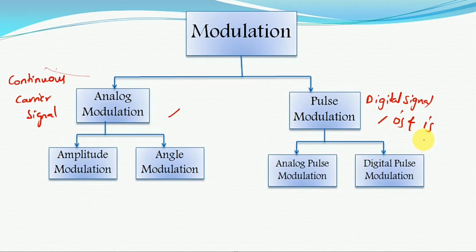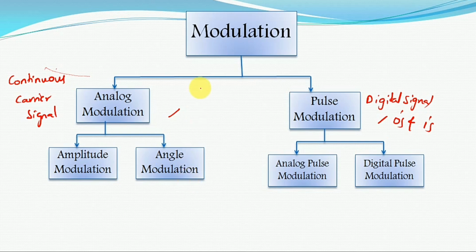So depending on the carrier signal, the modulation is divided into analog modulation and pulse modulation. Depending on the type of modulating method, analog modulation is again divided into two types: one is amplitude modulation and the second one is angle modulation.